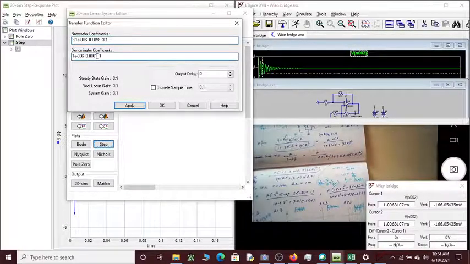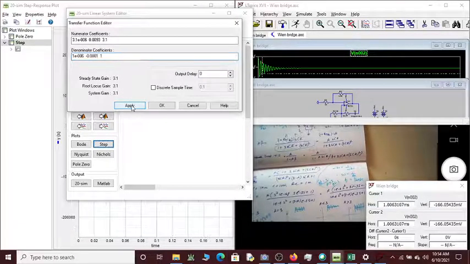And here what happens to this now, it is 3 minus 3.1. So 3 minus 3.1 is equal to minus 0.1 e power minus 3. Apply now.